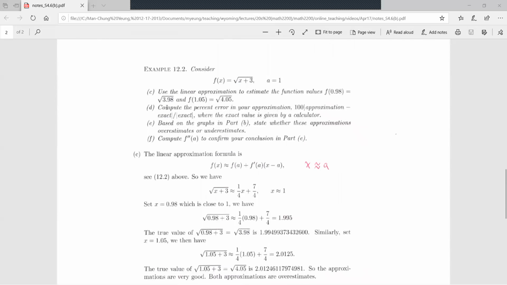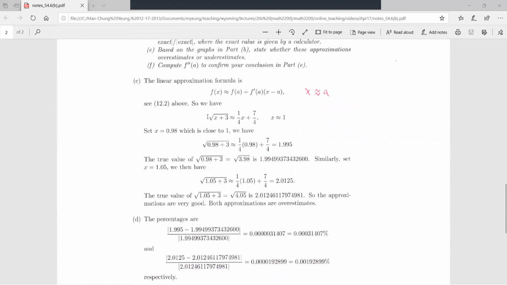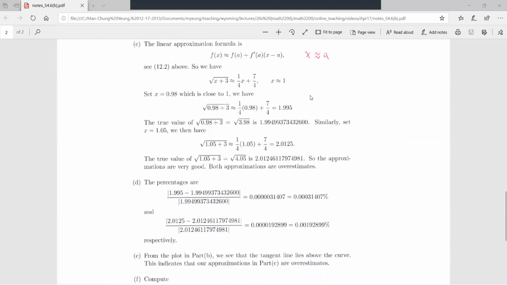Part D. Compute the percentage error in your approximation in part C. Okay. The percentage error formula is approximation minus the exact value, then divided by the exact value. Actually, this is the relative error. Okay, now let me compute the percentage error for this estimate first.